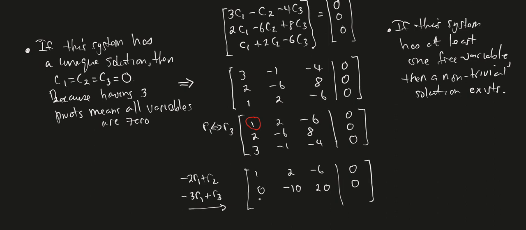So -3 plus 3, that's 0. -6 minus 1, that's -7. And then what do we have here? 18, I'm sorry, 18 minus 4, so that's 14, and then that's 0. All right.